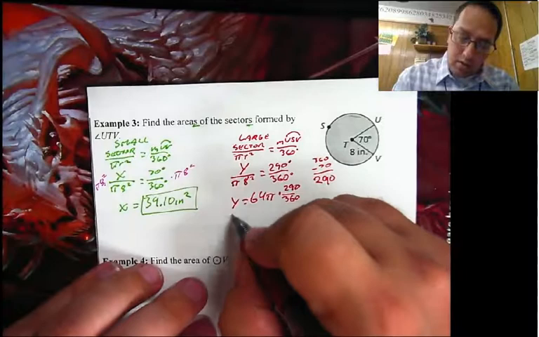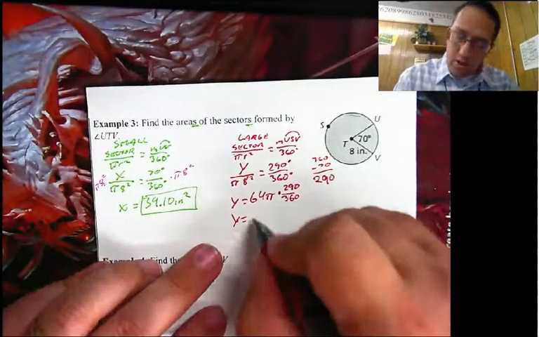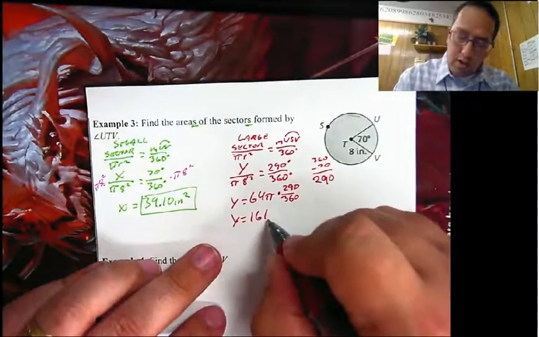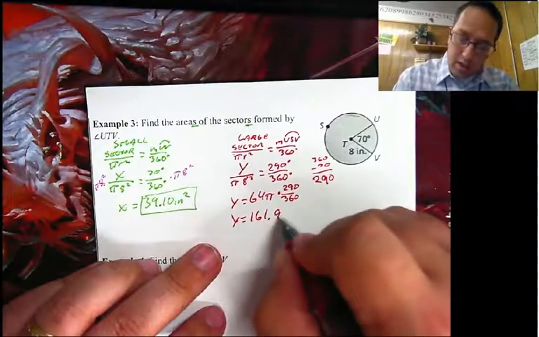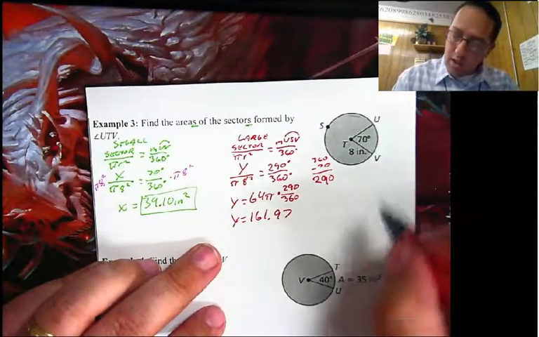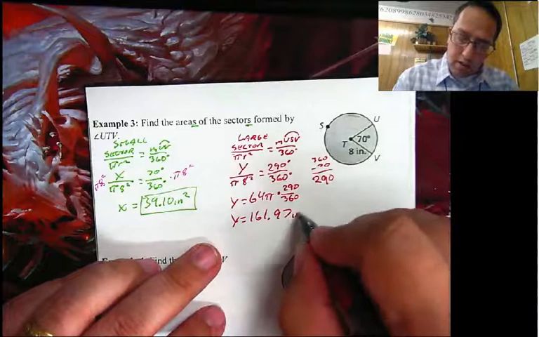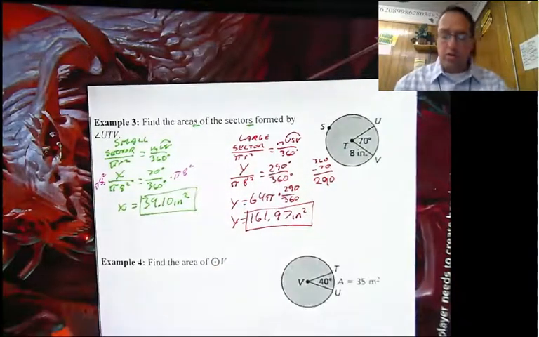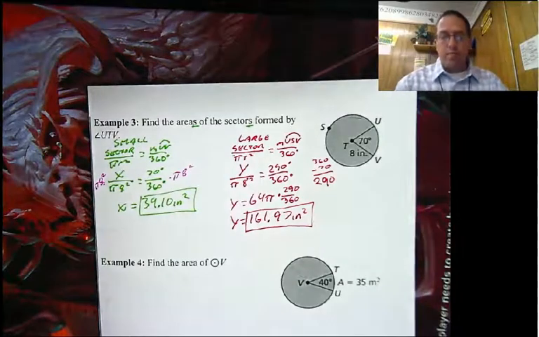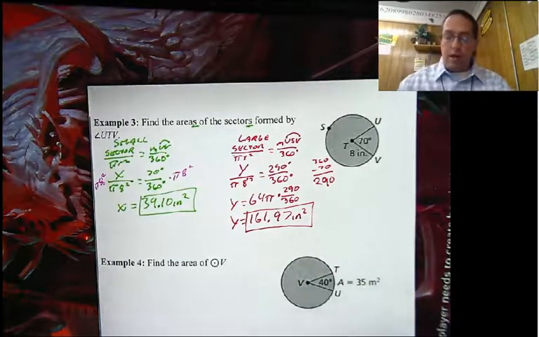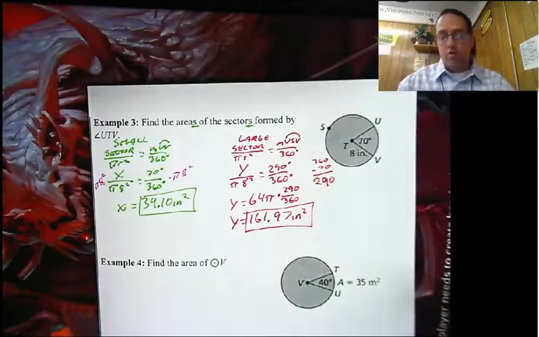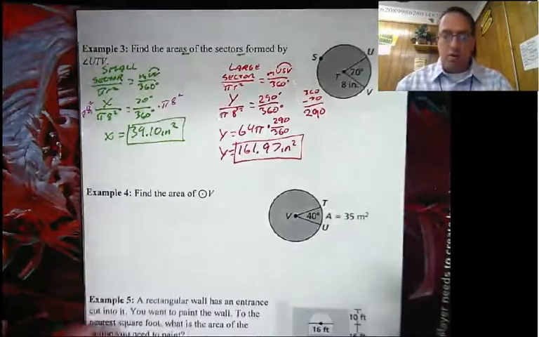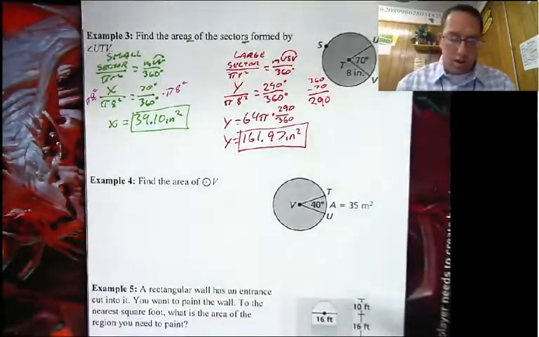Okay, so y equals 161.97, and this is still inches squared. And there's the large sector. All right. So not too bad. Again, it's just proportions. You're using the area of a circle, so we can do this. Let's see here. Example 4.